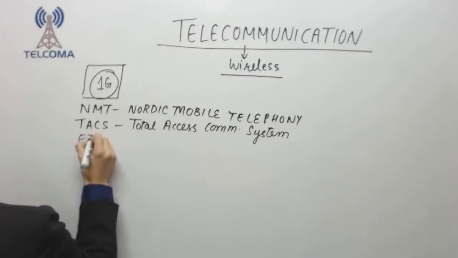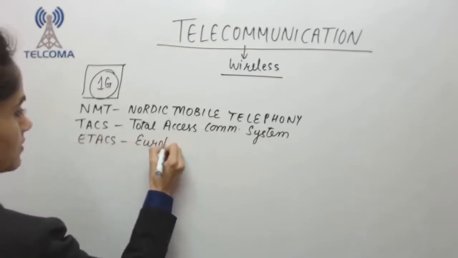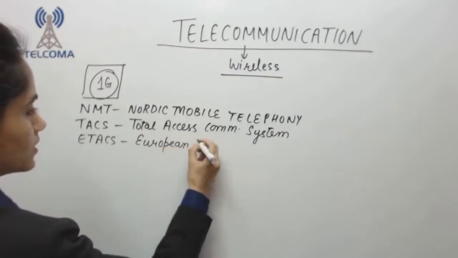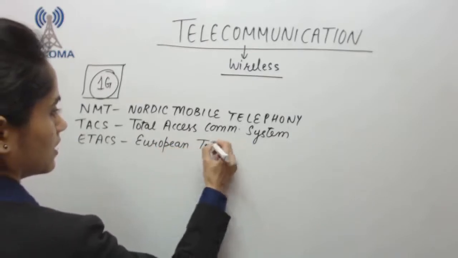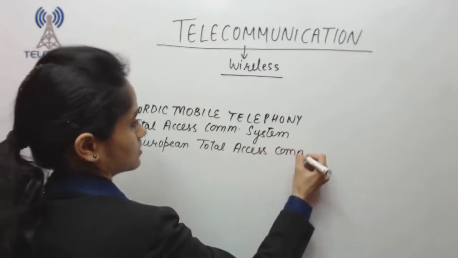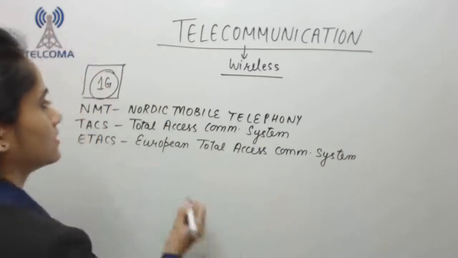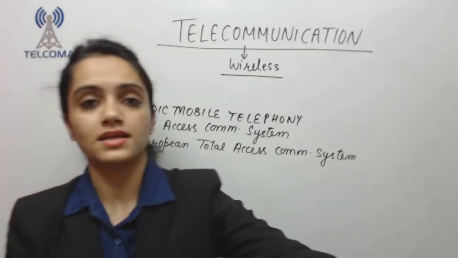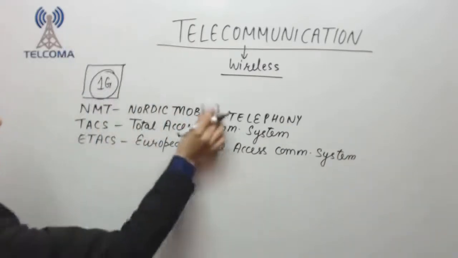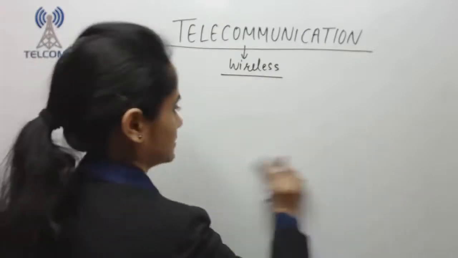Then we have ETACS, which is European Total Access Communication System. That means they started to have wireless communication between two ends. So they call this the first generation of wireless technology.